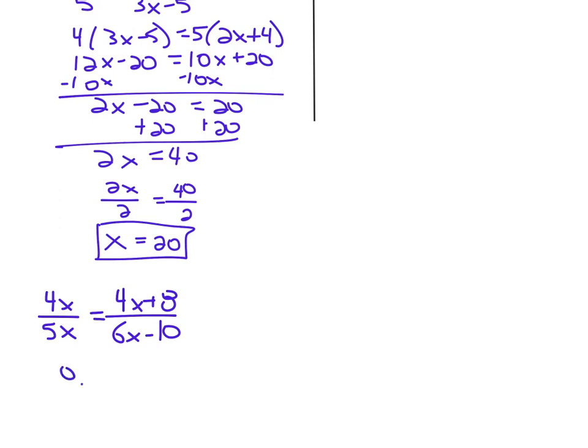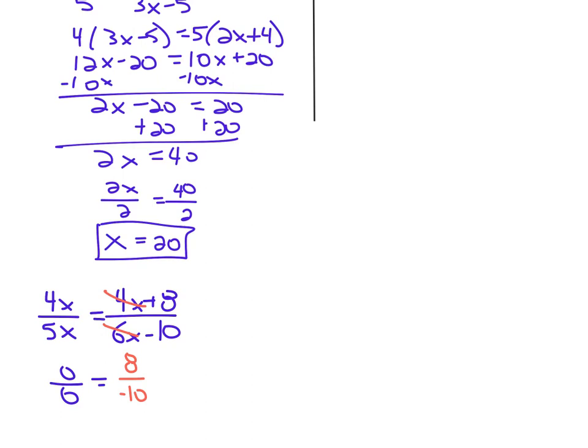If x was 0, obviously this would turn to 0 and this would turn to 0, and over here we get 0 over 0 equals 8 over negative 10. That's just a funny solution that doesn't seem to work. So obviously that doesn't work anyway.